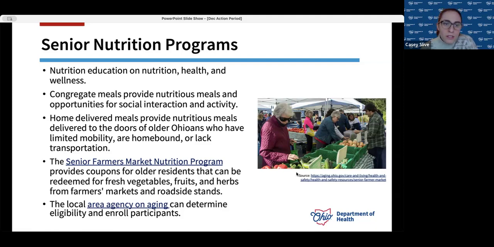There's also the Senior Farmers Market Nutrition Program. This is somewhat similar to the WIC Farmers Market Program, but it provides coupons for older residents that can be redeemed for fresh fruits, vegetables, and herbs. That program did receive some federal funding to modernize onto an electronic system this year.